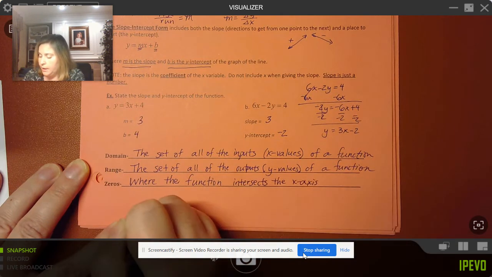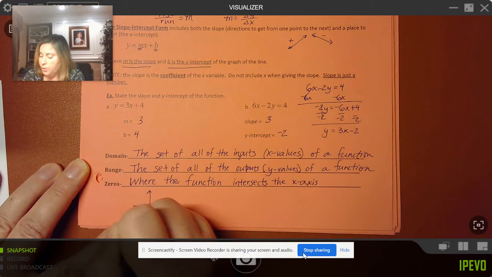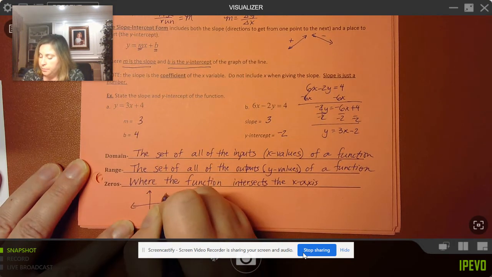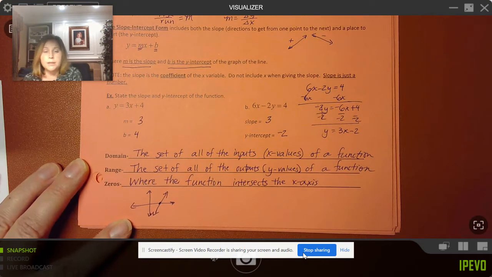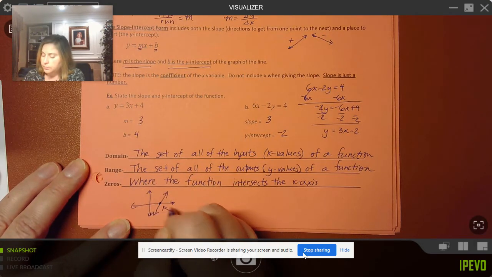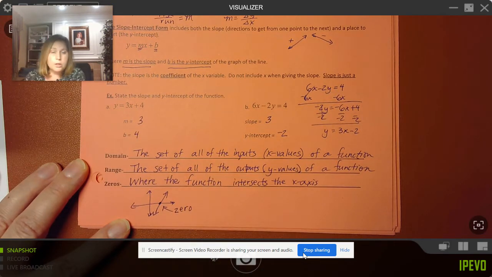So if you had a coordinate plane and a line going through the coordinate plane, the point at which the line crosses the x-axis is called a zero. And it's called a zero because the y value of your coordinate is always going to be 0.